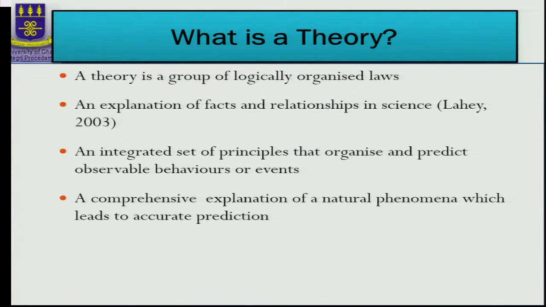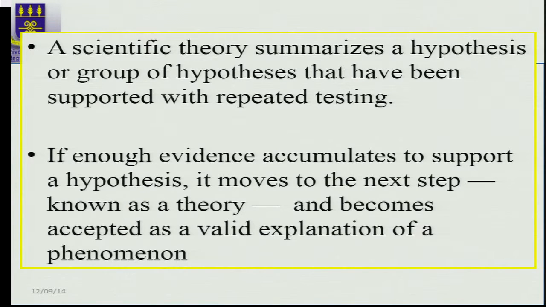We'll first have a hypothesis. Once a researcher has confirmed the hypothesis, and others have also confirmed it over and over several times, then it moves from being a hypothesis to a theory. So a scientific theory summarizes hypotheses or groups of hypotheses that have been supported with repeated testing.